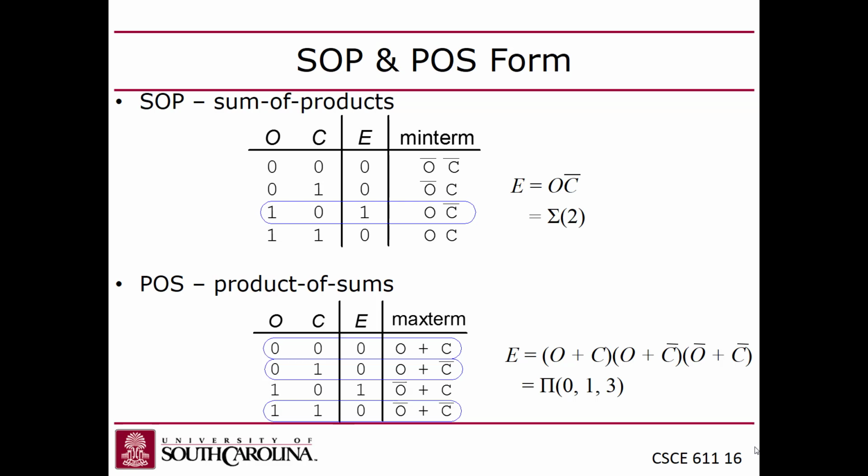So there's 3 OR gates, and there's 1 AND gate that takes the output of all the ORs. But that's counting in terms of gates. If you count in terms of inputs to gates, then it would be 2 inputs, 2 inputs, 2 inputs for the OR gates, so 6 total inputs for my OR gates, and then 3 for my AND gate. You guys with me?